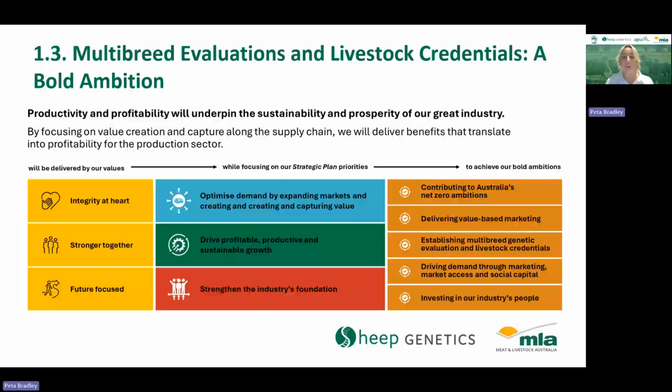In order to achieve those priorities, we've set out bold ambitions. The third bold ambition is really where Combined LAMBPLAN aligns, and that is establishing multi-breed evaluations and livestock credentials.